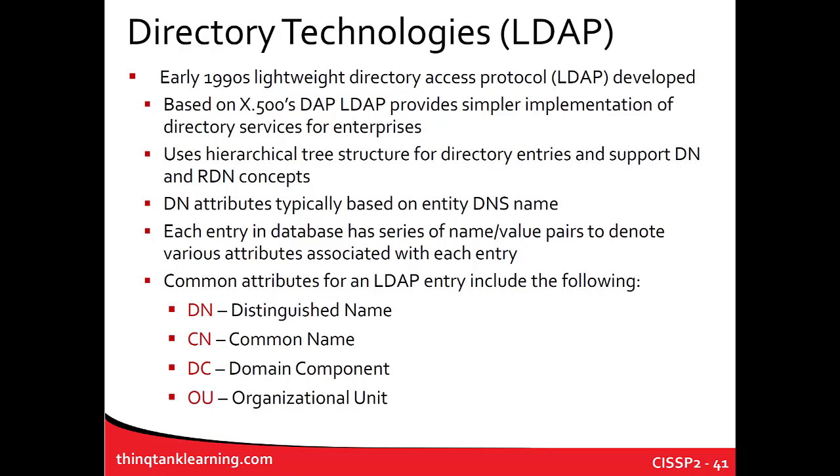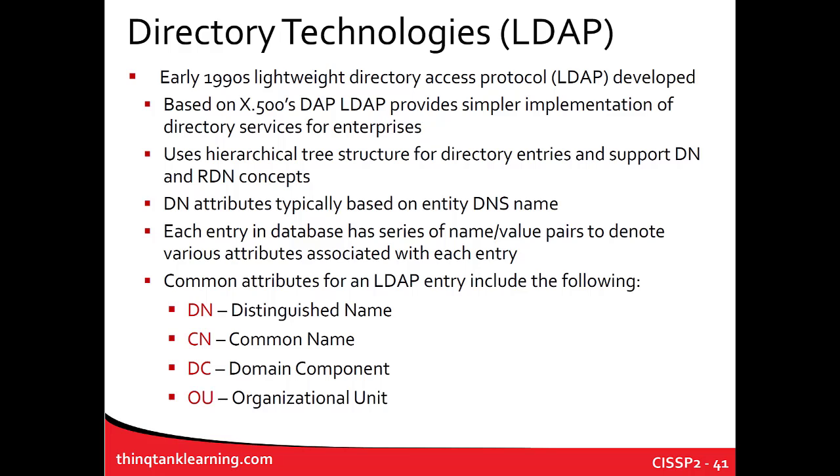That's going to allow us to delegate responsibilities and roles. It's going to allow us to do policy inheritance. It's going to provide for logical groupings: DC company, OU engineering, common name Scott. And that mirrors the domain and the department.